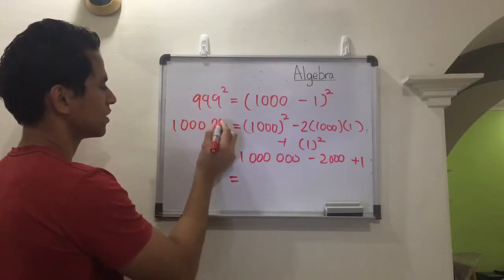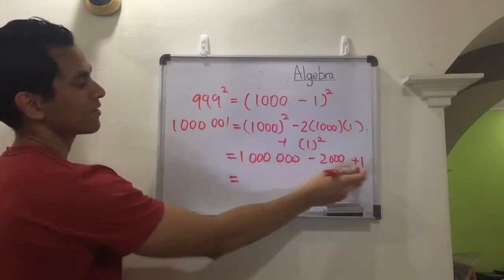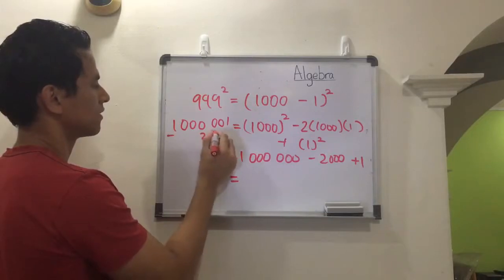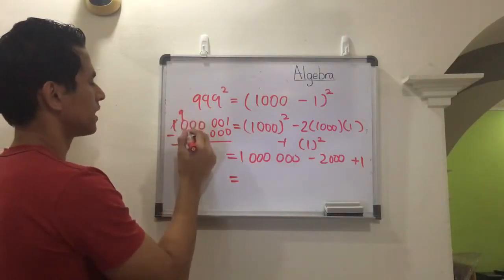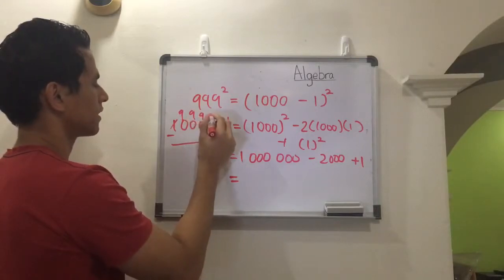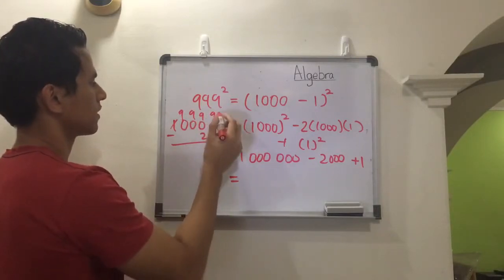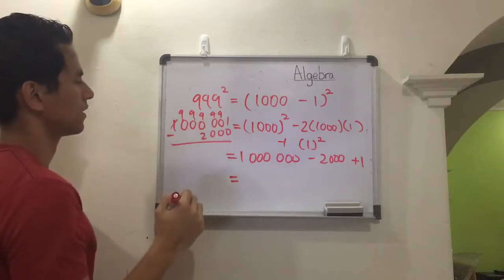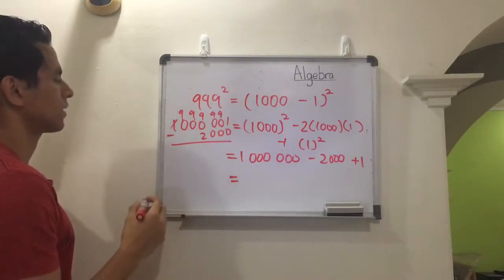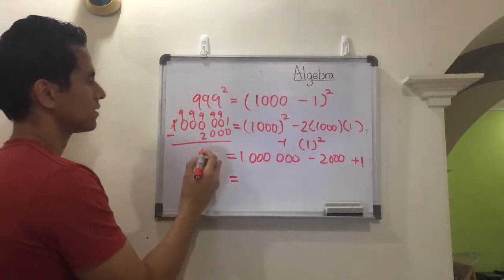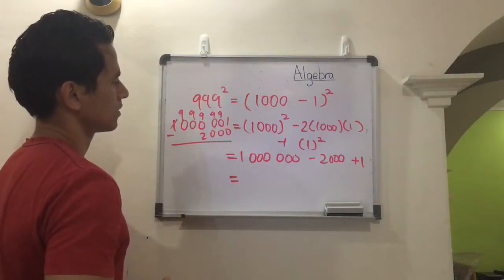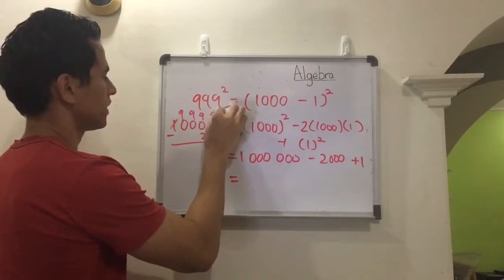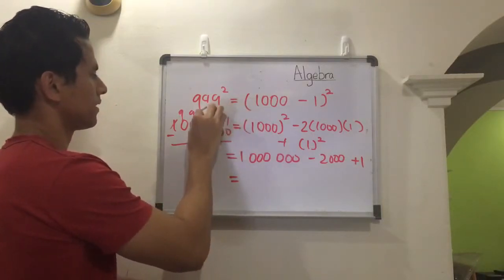So I'm going to put 1 million and 1, right, minus 2000. So here I'll cancel and get 9, 9, 9. Okay, and so now this gives us, no, sorry, 10 here.